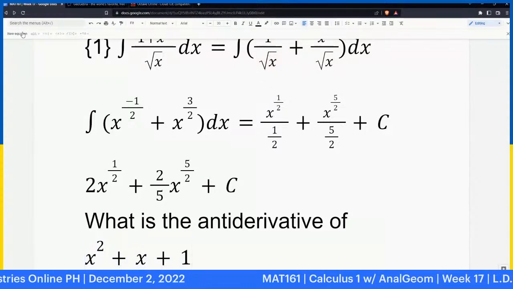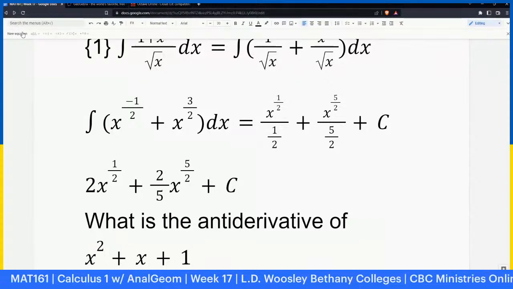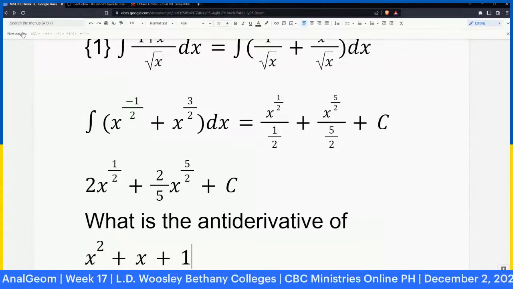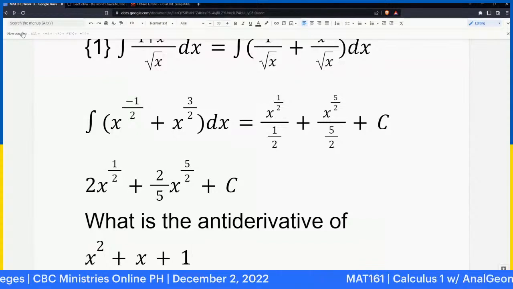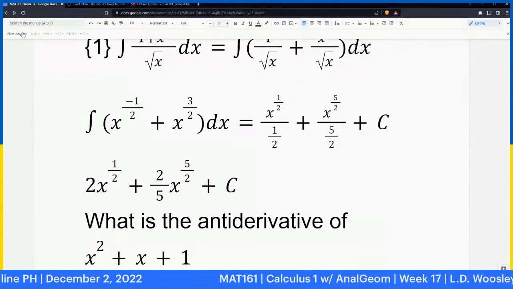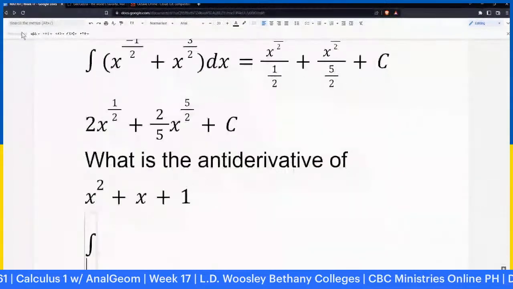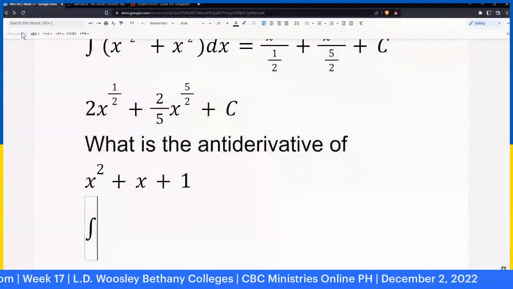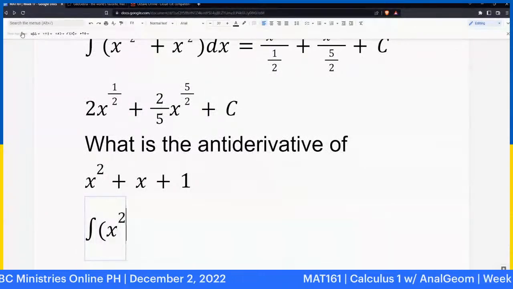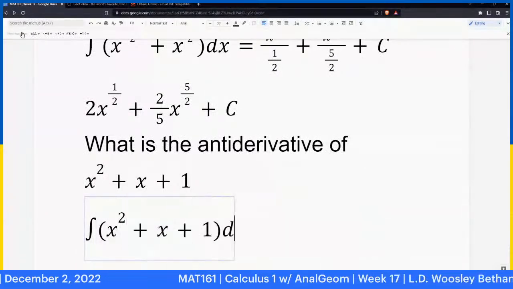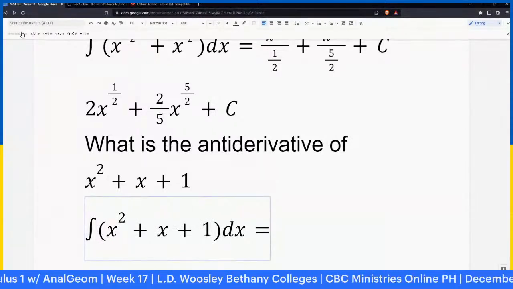Yan, ang galing, no? Ang dali ng tanong, no, Banji. What's the antiderivative of x squared plus x plus 1? O, di ba? Ang dali. Immediate answer. Banji.